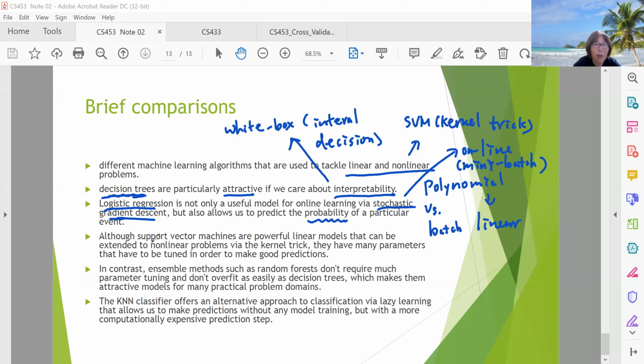And support vector machines also have the kernel trick, so they can help a lot with the non-linear cases because of the kernel trick. But of course, it has quite a number of parameters that we need to tune.